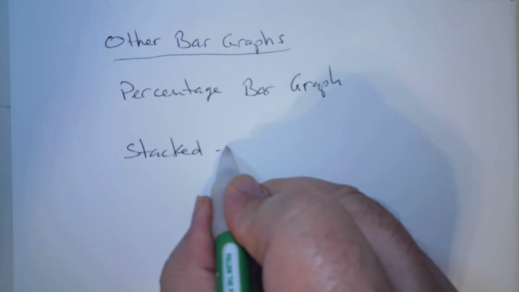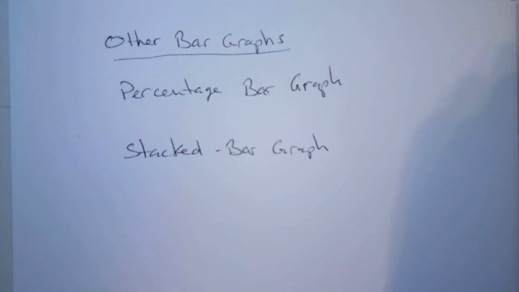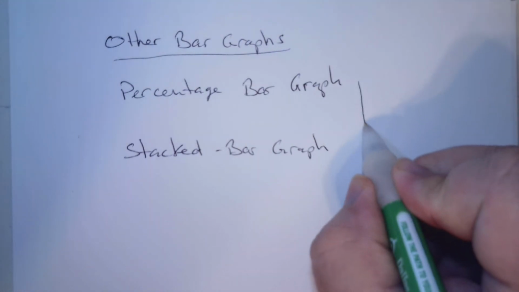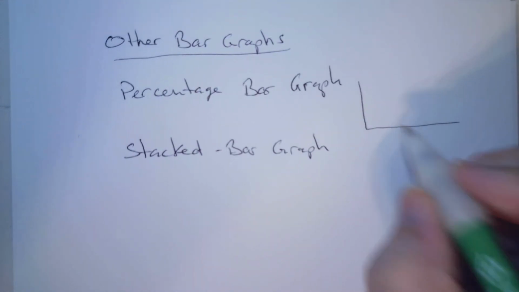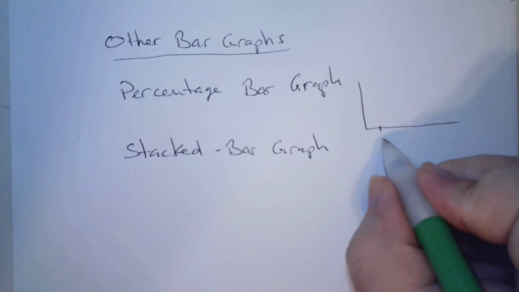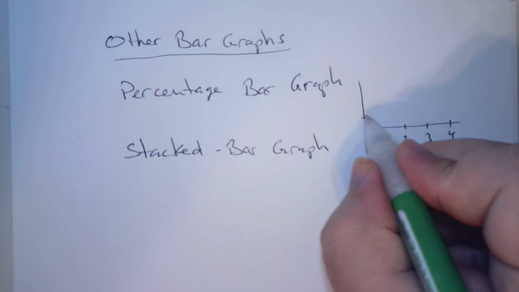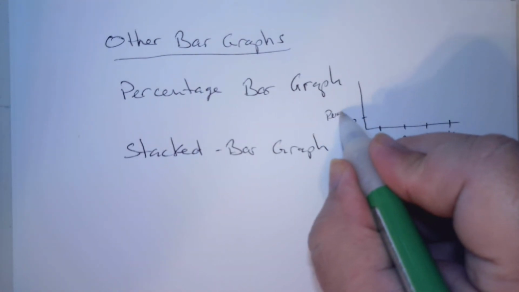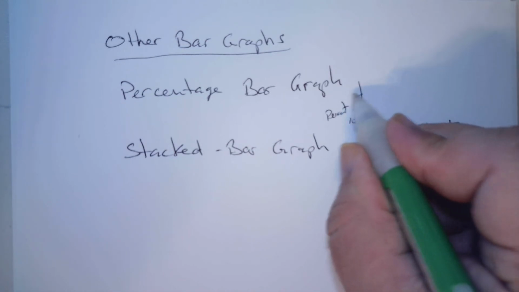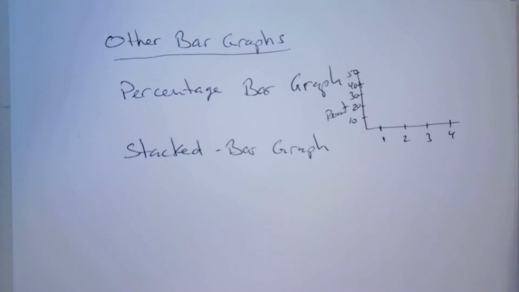A stacked bar graph. 2, 3, 4. $20, $30, $40, $50.